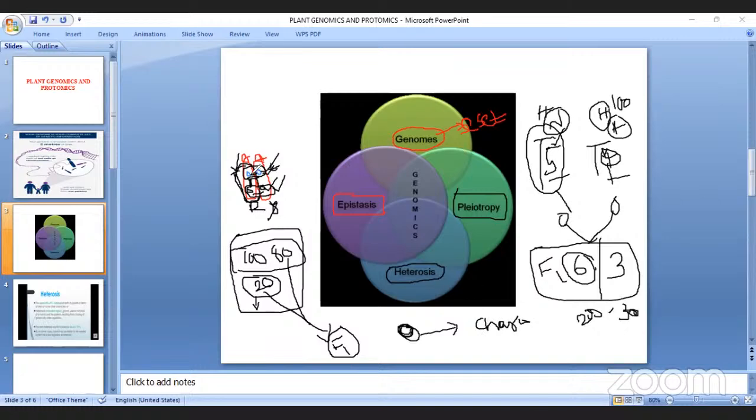The capital, blue color A, produces only tall plants. This one produces dwarf plants. That is the parent gene. Whatever it may be, here one gene produces one character. But some genes produce more than one character. Is it clear? Just wait, let me complete.